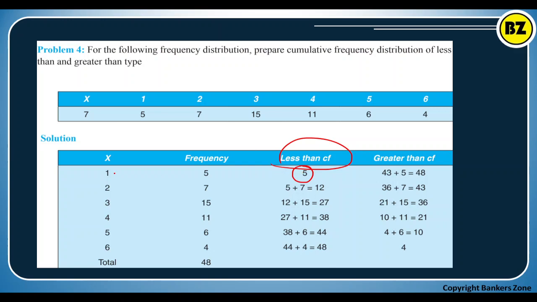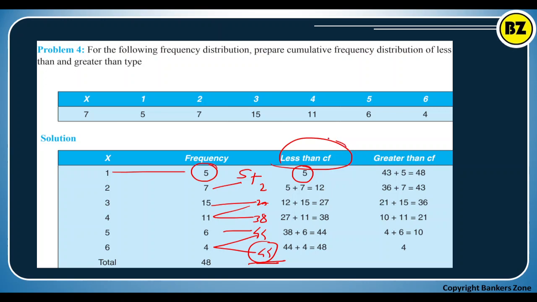The lower frequency value is 5 for the first, second 12, then 27, 38, 44, and 48 for the last. So this is the less than cumulative frequency.